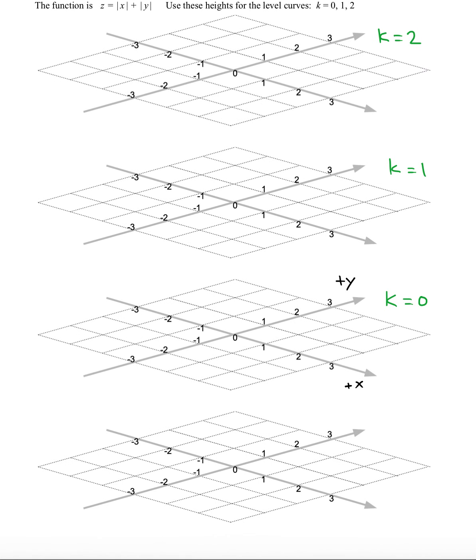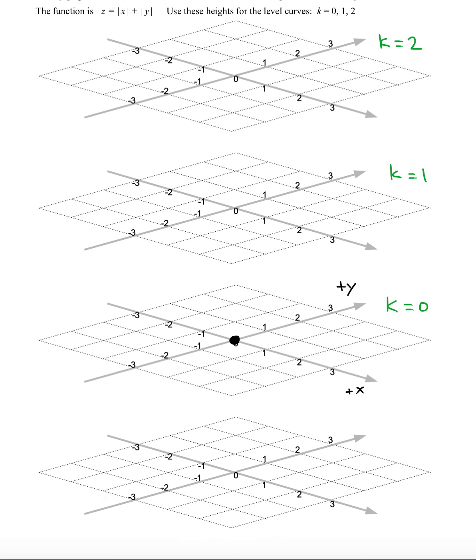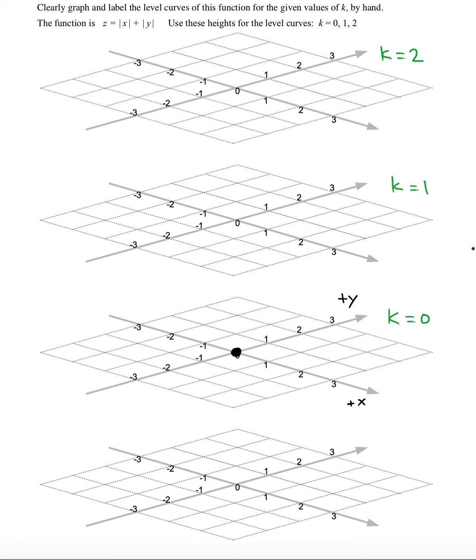So that's what we'll want to put here. A single dot. For k equals 1, we have a diamond shape which touches these points. And it looks like that. Then for k equals 2, it's twice as big.